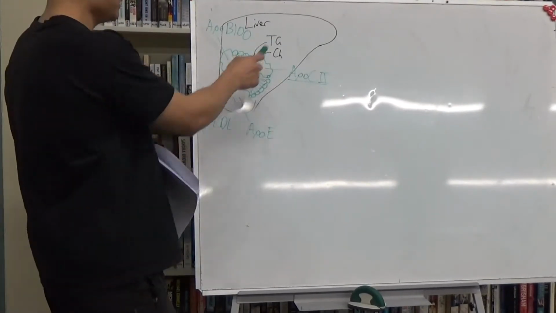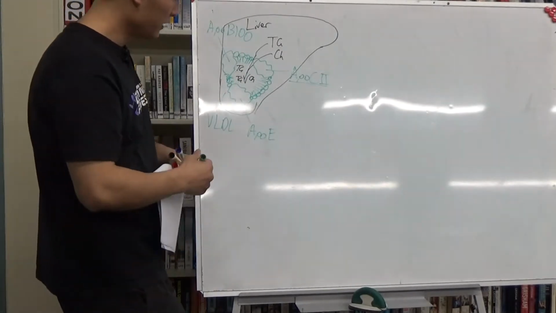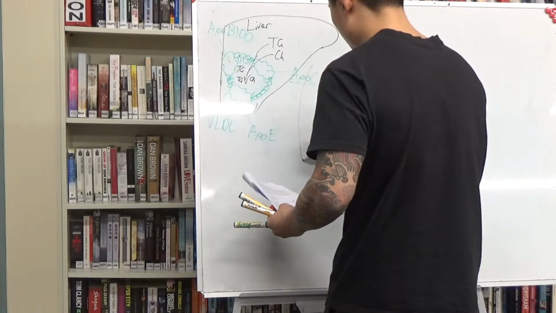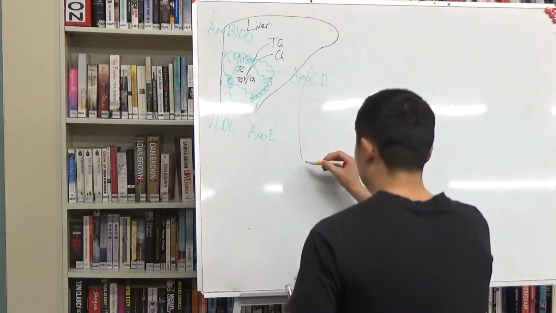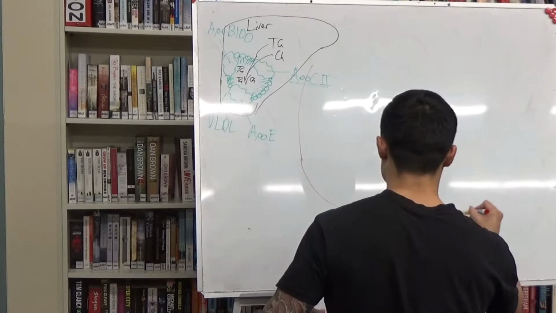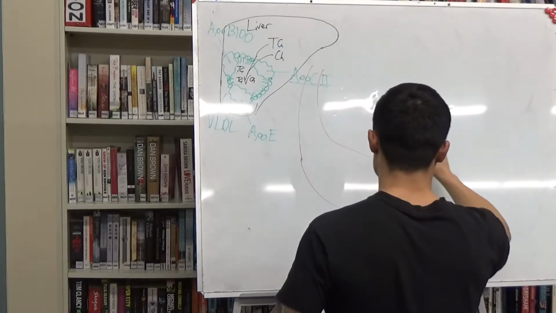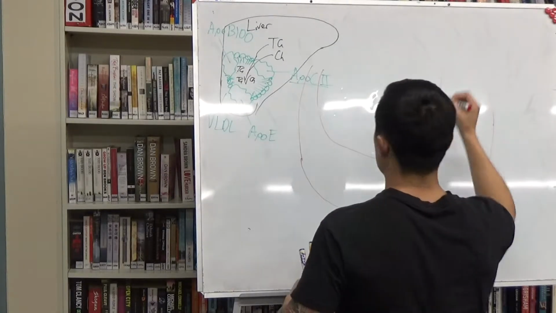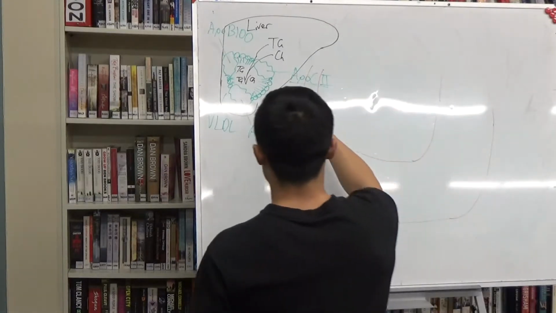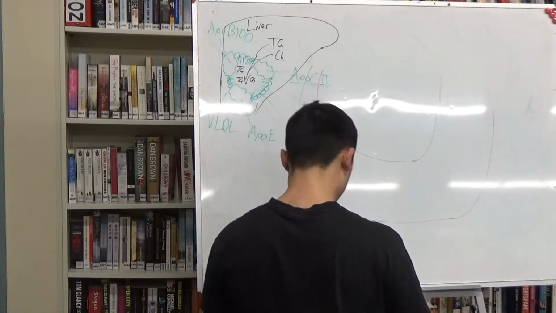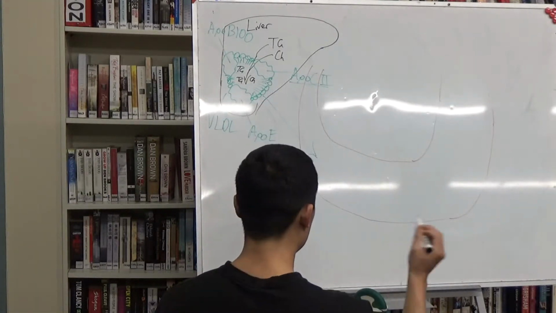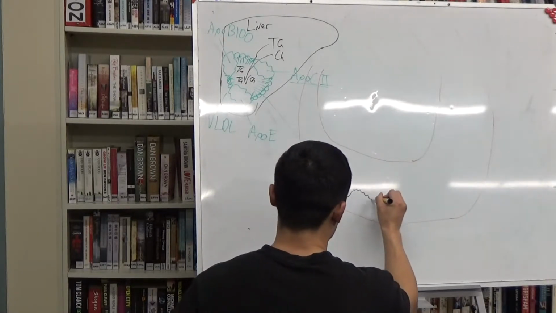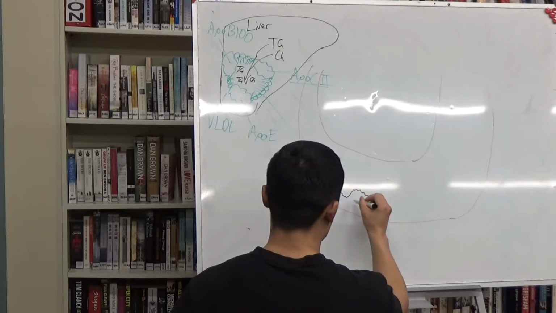So your liver's made this VLDL. Now it's going to go into the bloodstream. So it's going to go into the blood, and on the walls of the capillaries, you have this protein here.